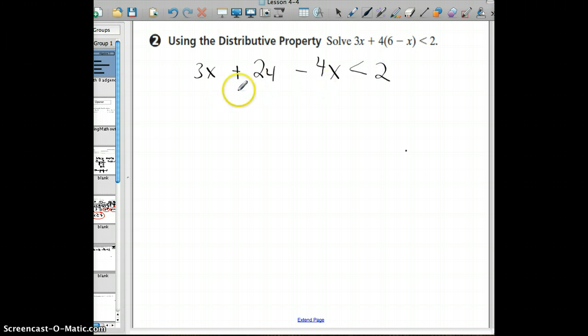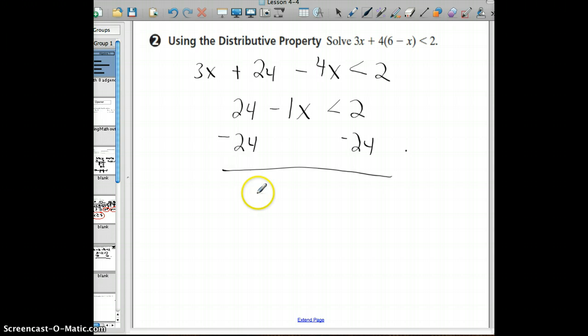I then combine like terms, and I end up getting 24 minus 1x, and again, that x, I put the 1 there, you don't have to, should be less than 2. I'm now going to subtract 24 from both sides, and I'm left with a negative 1x is less than negative 22.